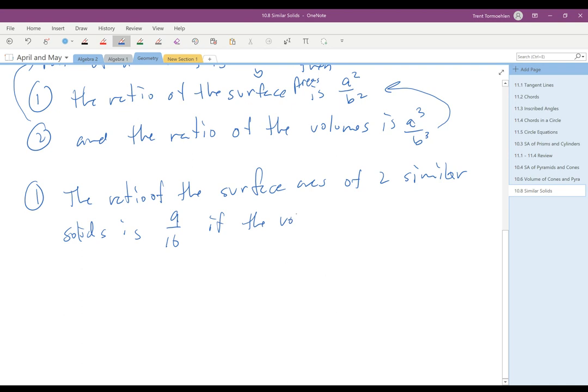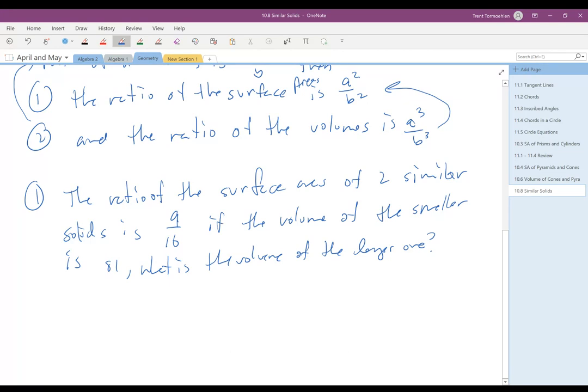If the volume of the smaller one is, let's say, 81, what is the volume of the larger one?